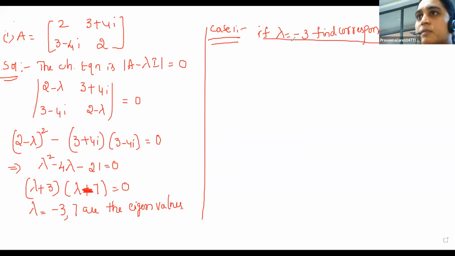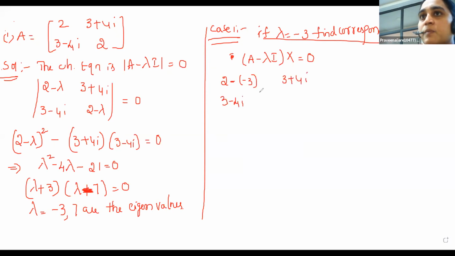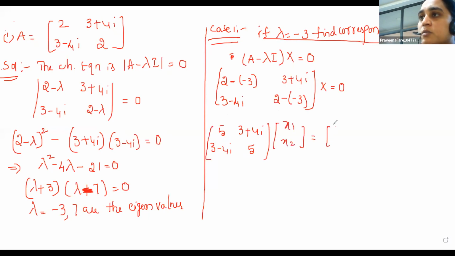What is the formula for that? A minus lambda I into x is equal to 0. Here 2 minus of lambda value minus 3, 3 plus 4i, 3 minus 4i, 2 minus of minus 3, into x is equal to 0. Here 2 plus 3 how much? 5. So 5, 3 plus 4i, 3 minus 4i, 5 into x1, x2 is equal to 0.